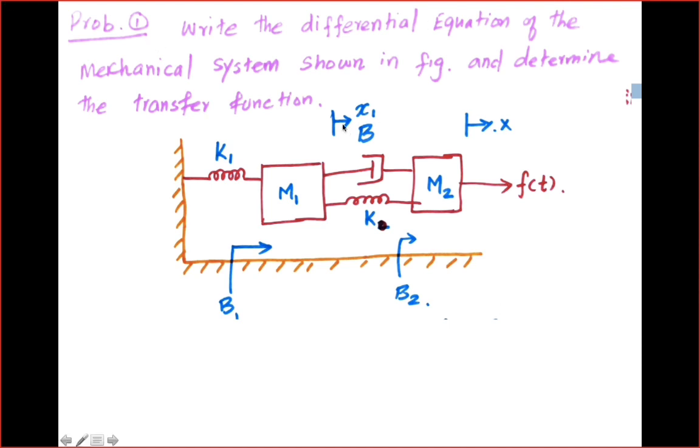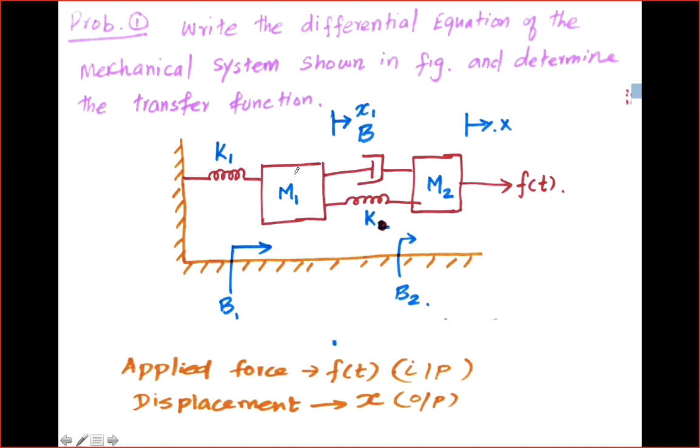You are seeing a mechanical system. In this mechanical system, you are able to see mass element 1, mass element 2, spring element 1, spring 2, dashpot, and friction B1 and B2.